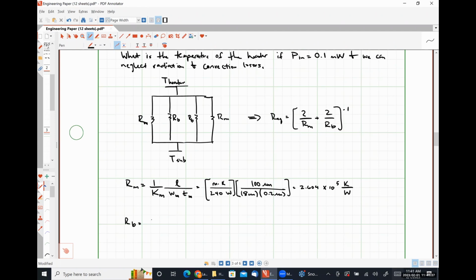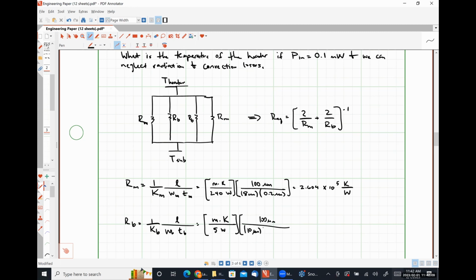For my beam, same equation, but just using the different geometric properties and the different thermal conductivity. We're going to have 1 over K sub B times length over width times thickness, which will be meters per Kelvin divided by 5 watts. Same length, 100 microns.